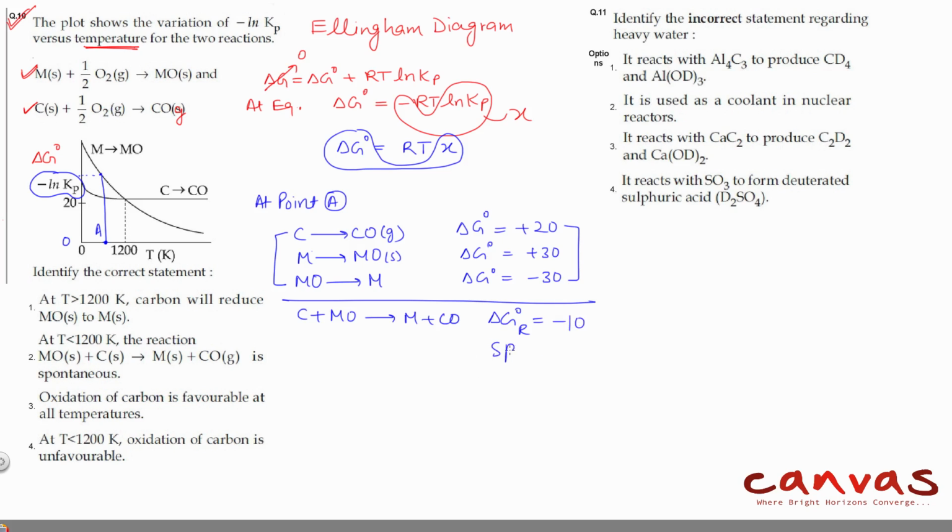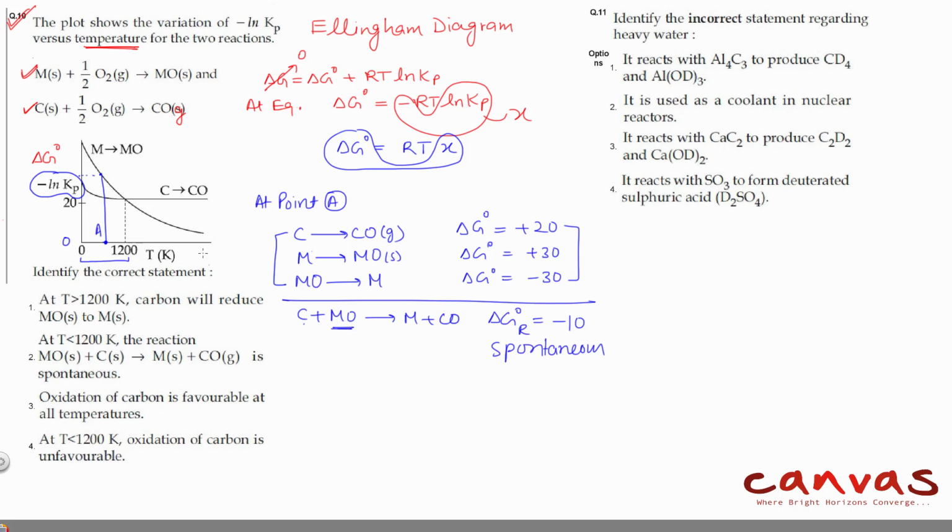So it's a spontaneous reaction. So we can say that whenever we are within this range, 0 to 1200 Kelvin, the carbon can reduce this metal oxide because the delta G naught for the reaction is coming out to be negative.